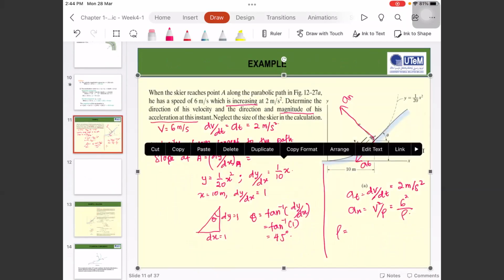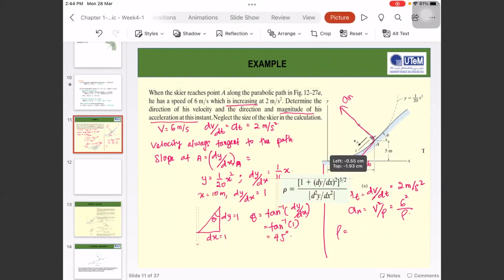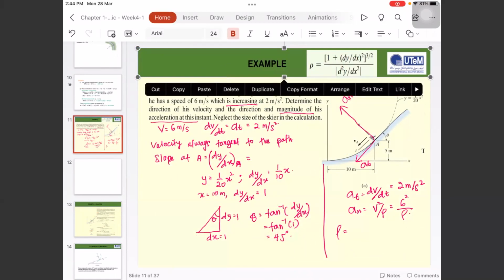So you have rho is equals to 1 plus dy over dx squared kuasa 3/2 over d squared y over dx squared. Yang v squared over rho tu memang formula dia. Betul, itu formula untuk A normal.